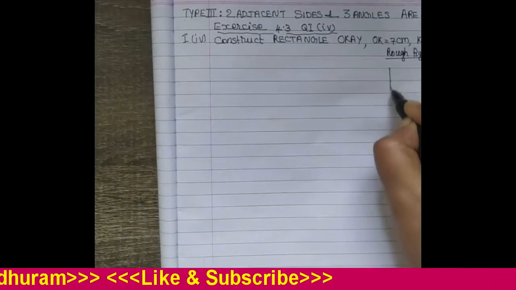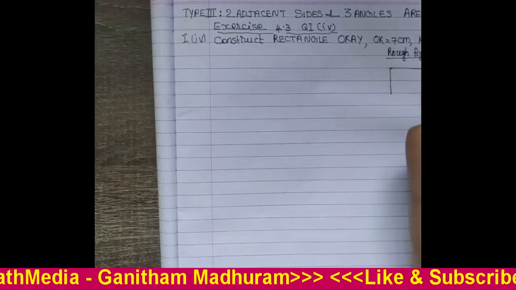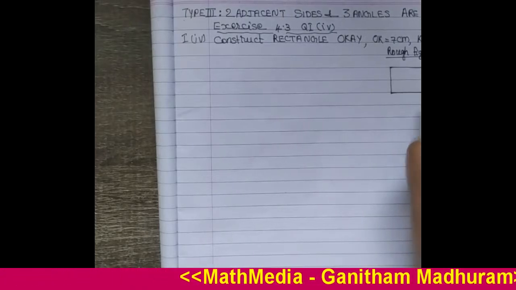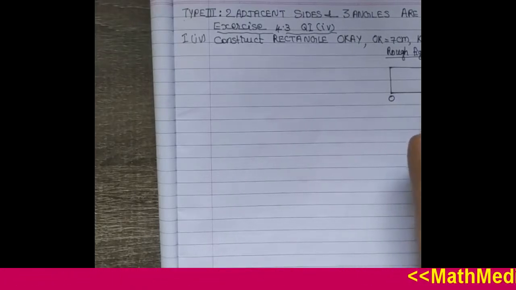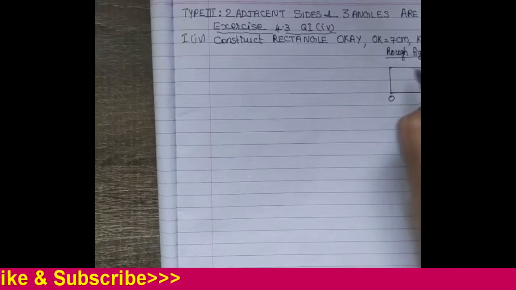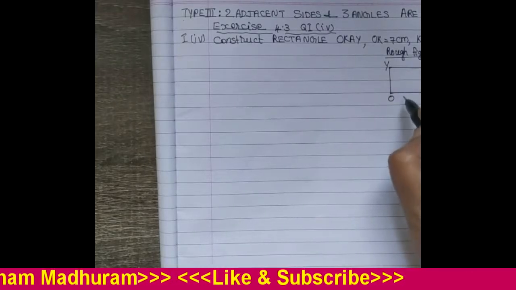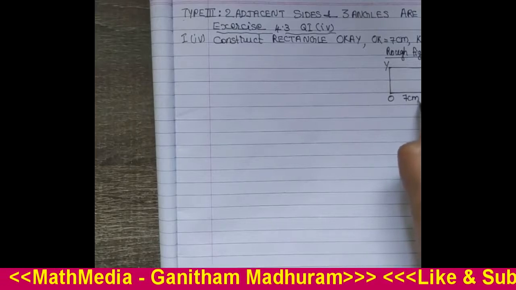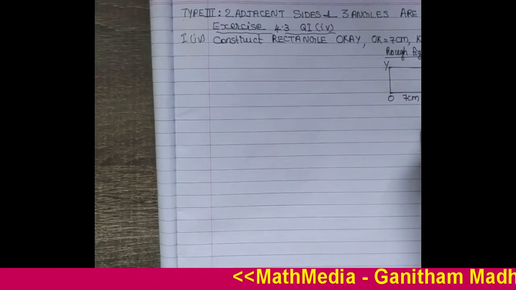Here I have to draw a rough figure of a rectangle. I am drawing a rectangle and can give the name OKAY. OK is given 7 cm, KA is given 5 cm.